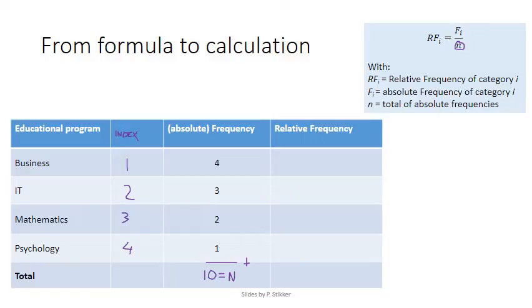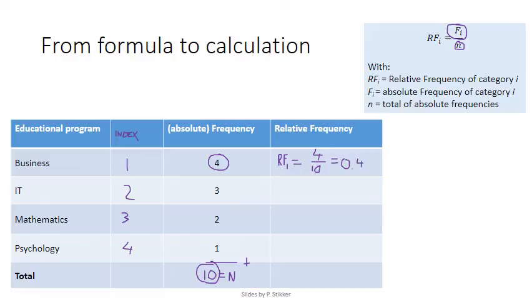Now the relative frequency of the first category is, according to the formula, the absolute frequency of the first category divided by that n. So the relative frequency of the first group would be the frequency, which was the 4 of the first group, divided by the n, which was the 10 we previously calculated here. So 4 divided by 10 will give me 0.4.